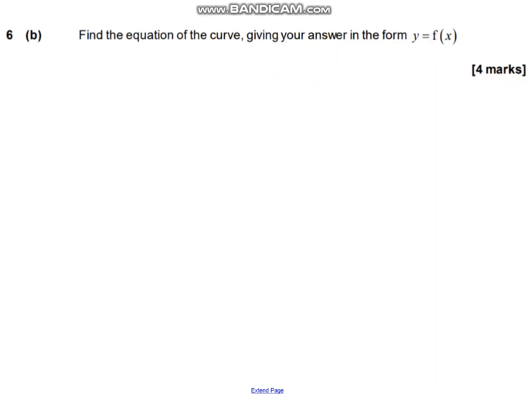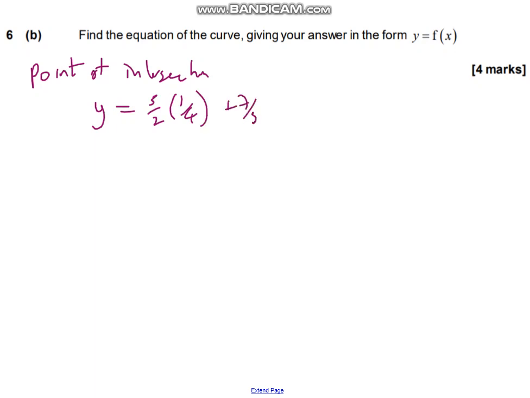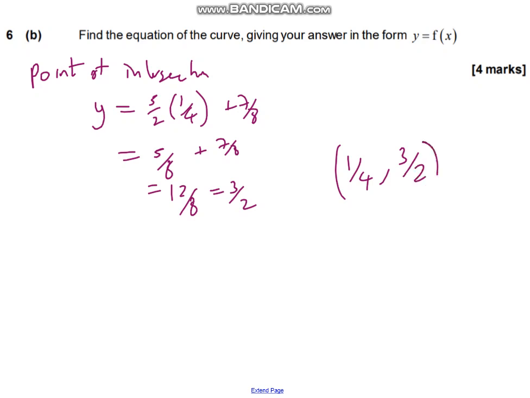So our point of intersection must be at y is equal to 5 over 2 multiplied by the quarter plus 7 over 8, and that's going to give us 5 over 8 plus 7 over 8, that gives us 12 over 8, which is 3 over 2. So our point of intersection is the coordinate 1/4, 3 over 2.